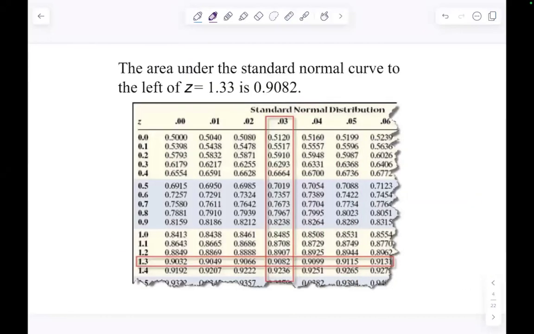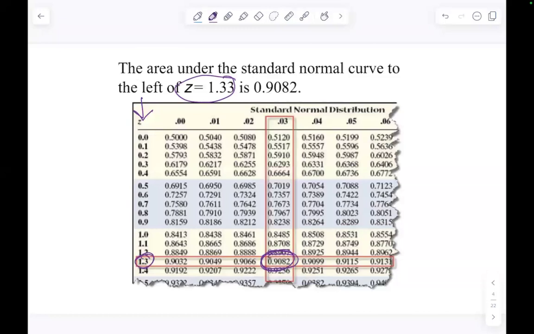In this column right here is the whole number and the tenths place. Our z-score was 1.33, so it was 1.3. And then we go over to the column that contains the hundredths place. So over here, it's right here.